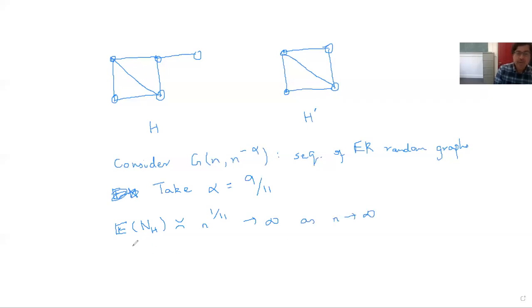while the number of copies of H prime, and this notation means equal up to constants, or bounded within constants if you prefer, which don't depend on n, goes like n to the minus 1/11th, and so this tends to 0 as n tends to infinity.